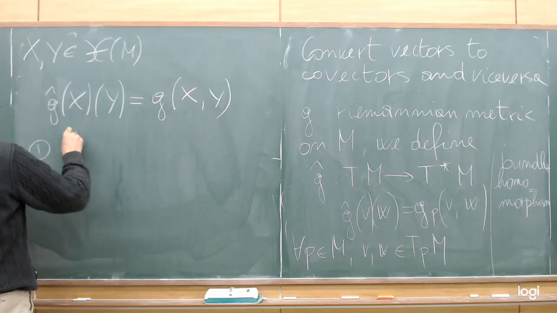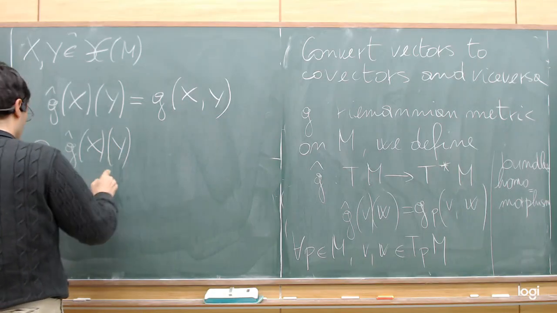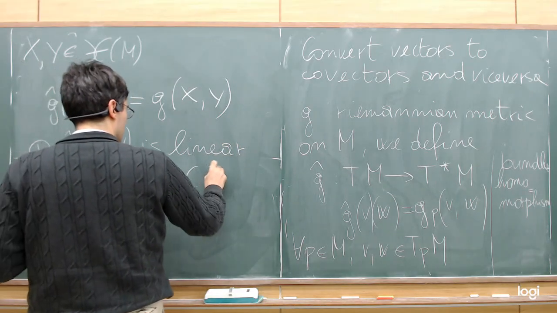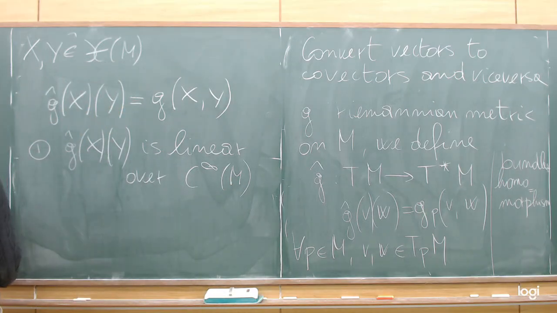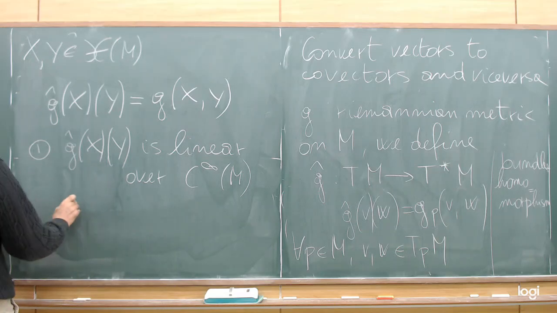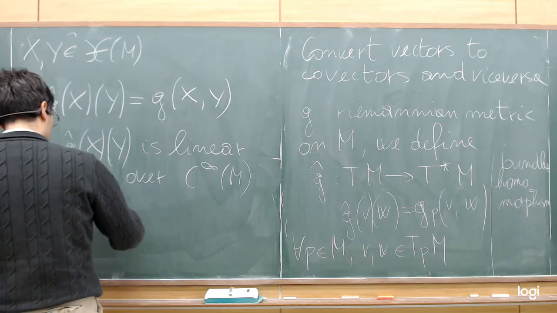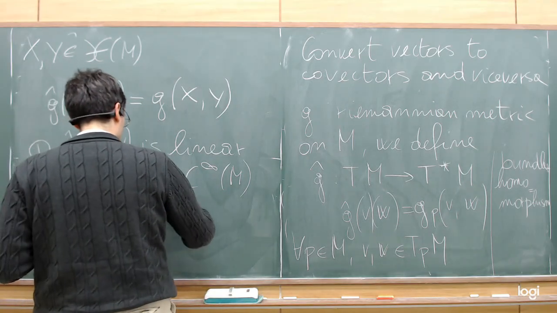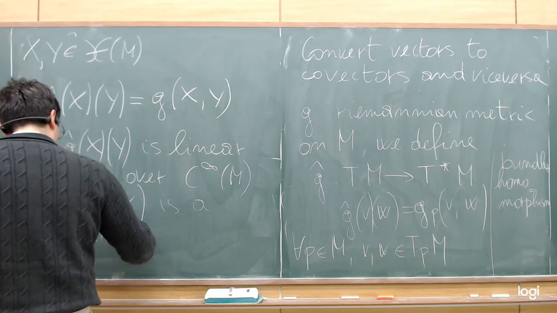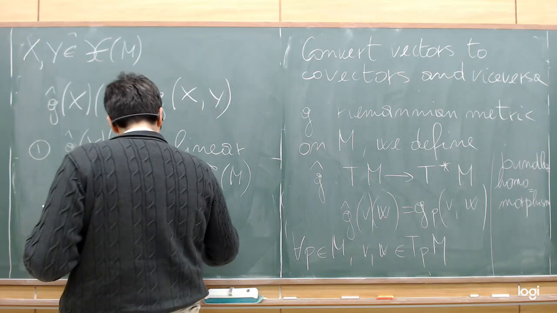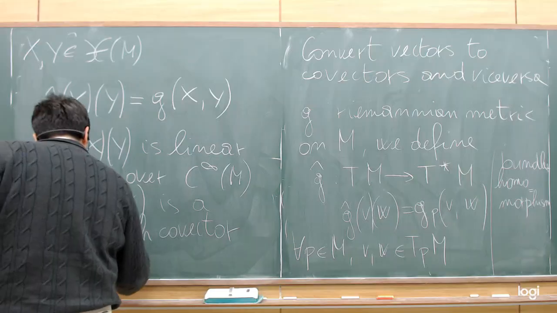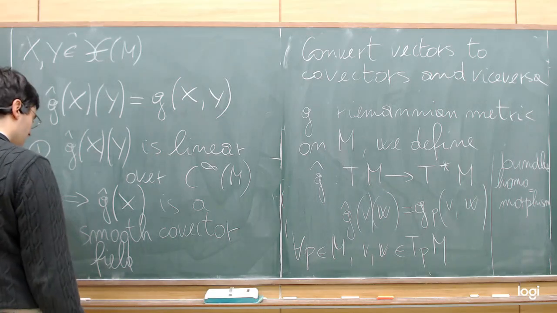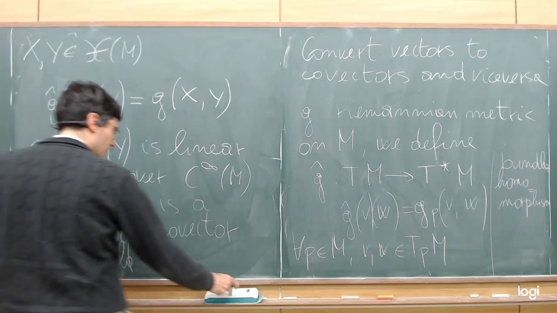One, G hat X, Y is linear over C infinity M. And as a consequence, G hat at X behaves like a covector. So this is a smooth covector field.